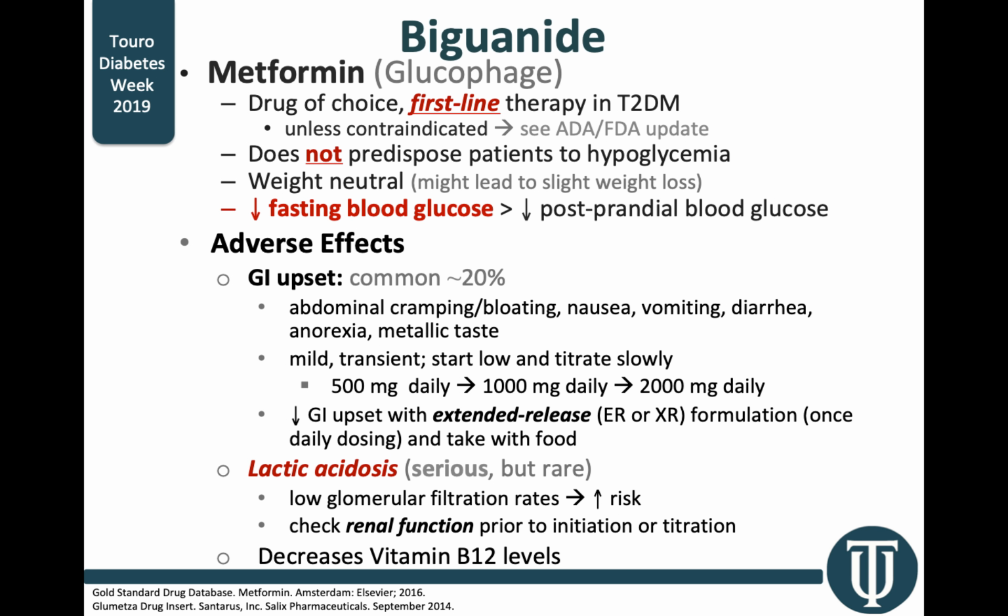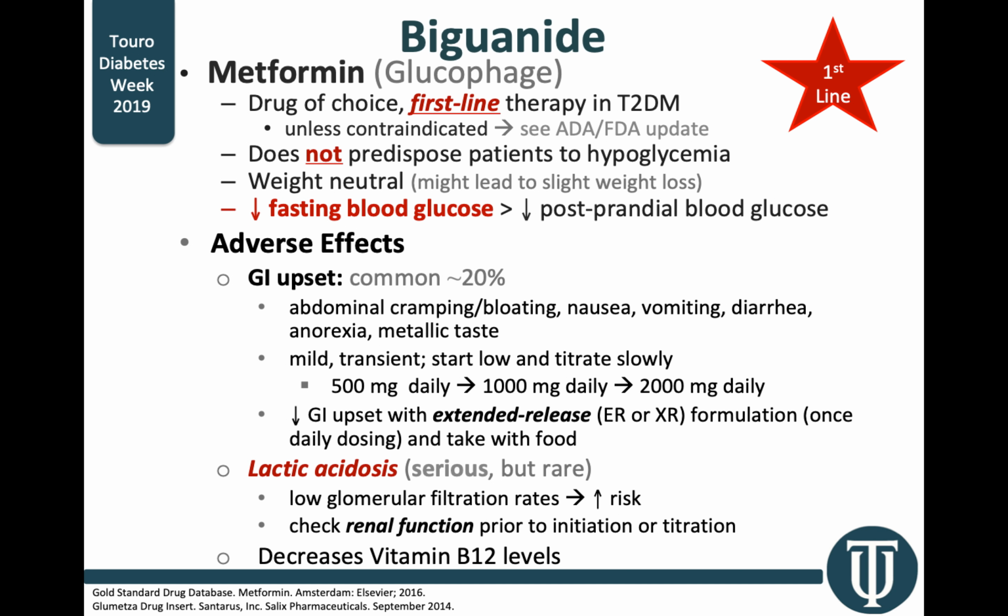Okay, so metformin is used as a first-line agent to treat type 2 diabetes, unless it is contraindicated. Again, this medication does not predispose patients to hypoglycemia. We generally consider this drug weight neutral, so it does not increase or decrease the patient's weight.